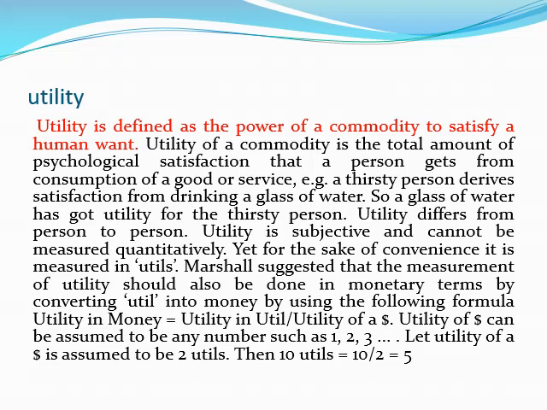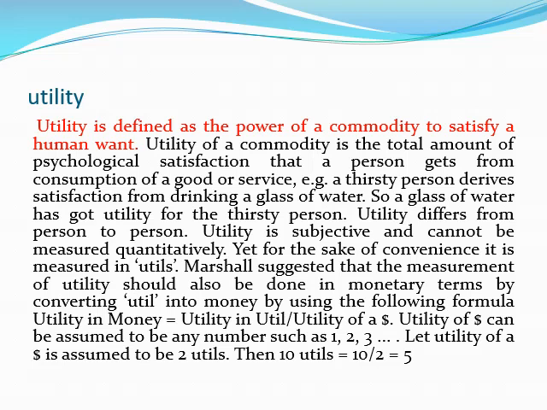Utility of a dollar can be assumed to be any number such as 1, 2, 3, etc. Let the utility of $1 be assumed to be 2 utils. Then 10 utils equal 5 dollars.